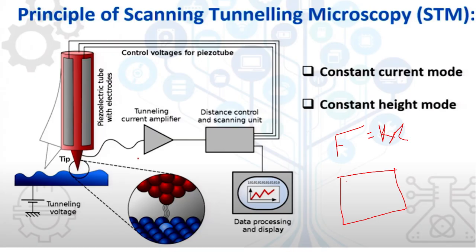Of course, the composition of the surface is different, and the height is not the same between the probe and the surface. Based on that, it is creating a different amount of current. For example, here it is 1, 2, 3, 4, like that. So each and every point is generating an amount of current.